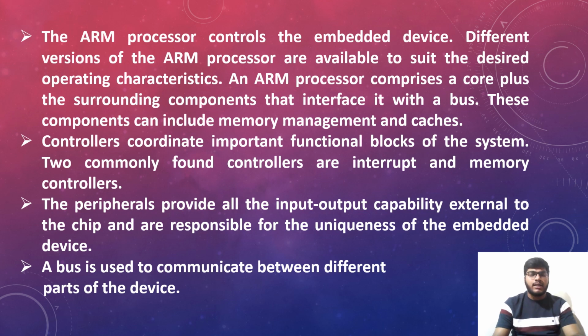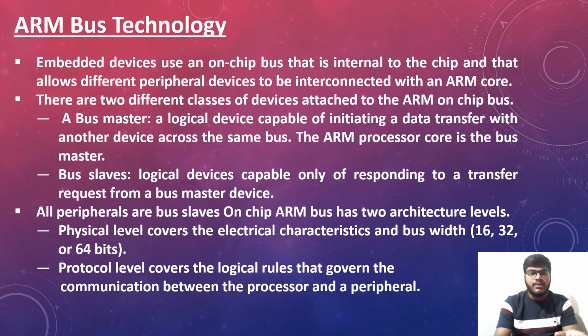The peripherals provide all the input-output capability external to the chip and are responsible for the uniqueness of the embedded device. And all the devices are connected by a bus to communicate with the different parts of the devices, that is controller, peripheral, ARM processor and all. And we can discuss about each component majorly.